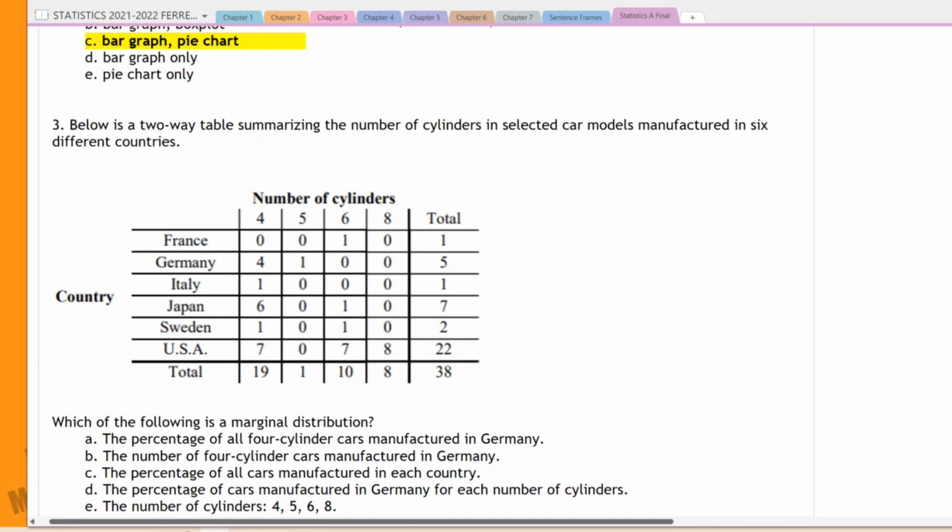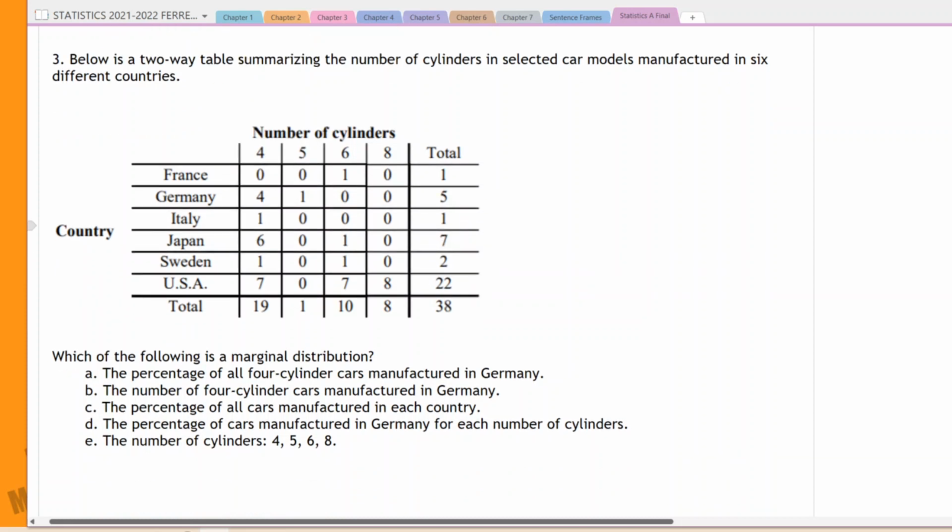Below is a two-way table summarizing the number of cylinders in selected car models manufactured in 6 different countries. The different countries here are France, Germany, Italy, Japan, Sweden, and the USA. The number of cylinders would be 4, 5, 6, and 8. I've never heard of a 5-cylinder car, so that's kind of crazy.